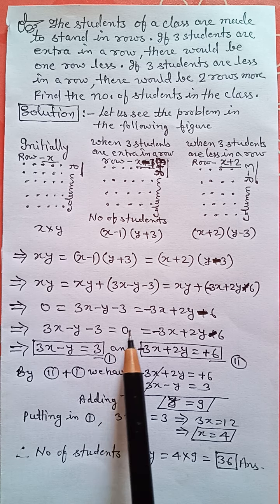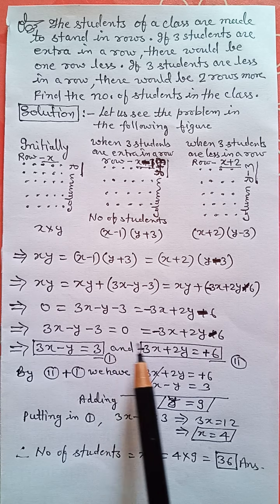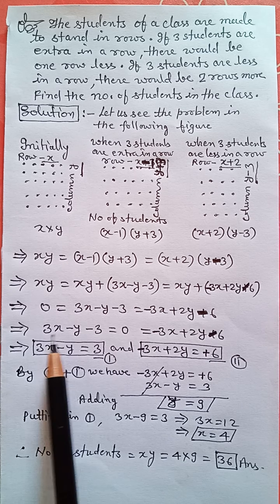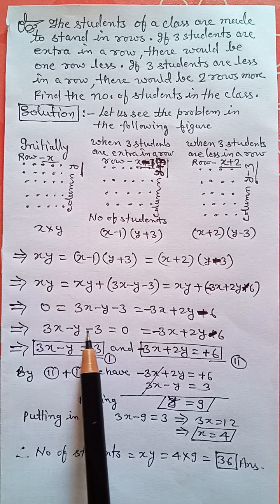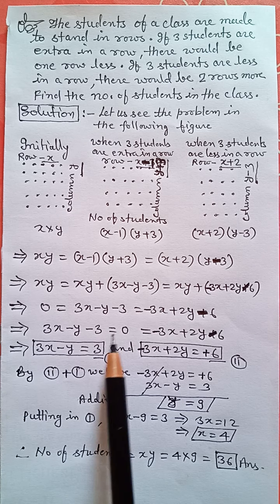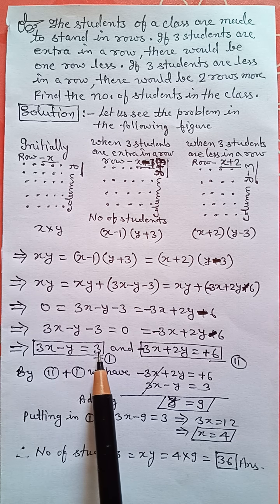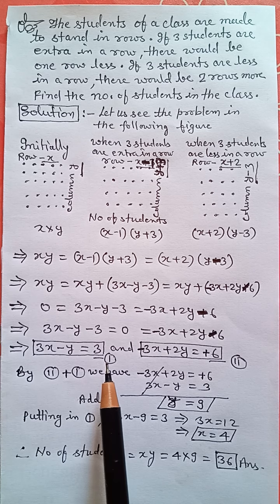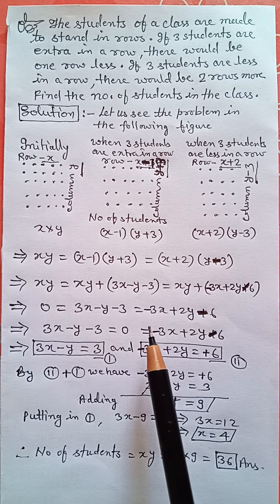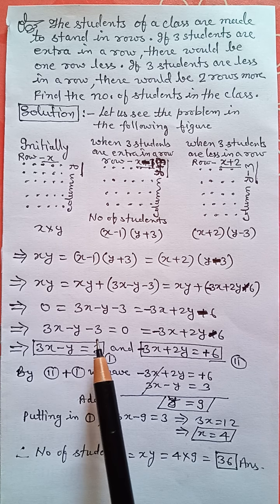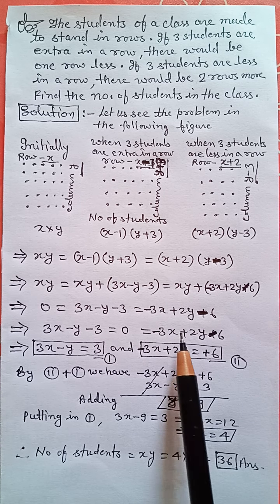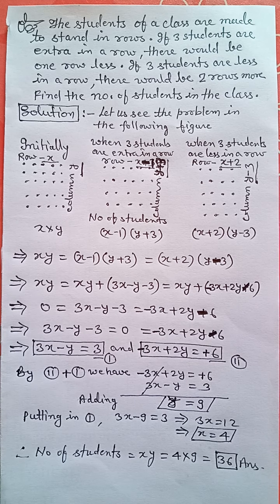If we consider this equation, 3x minus y minus 3 is equal to 0, we have 3x minus y is equal to 3. That will be our first equation. Similarly here, minus 3x plus 2y minus 6 is equal to 0. This implies minus 3x plus 2y is equal to 6. And we have the second equation.